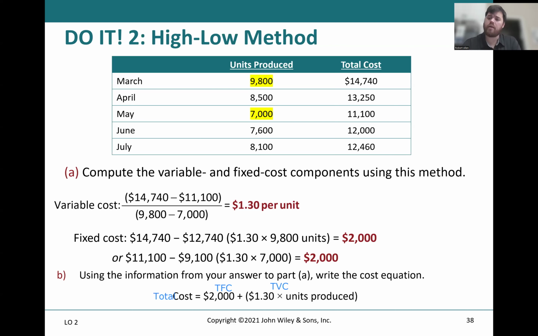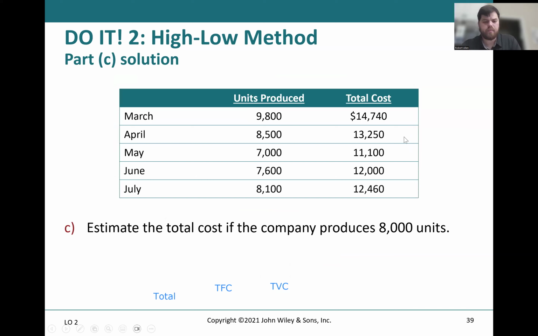Once again, it works out either way. I strongly recommend that you always do both the high point and the low point anytime you get one of these questions. Once you've done a few of them, it doesn't add more than maybe 15 or 20 seconds to your problem, but it makes sure you get it right. And that 15 to 20 seconds to make sure you don't have a typo is absolutely worth it, in my opinion. Very good. All right.